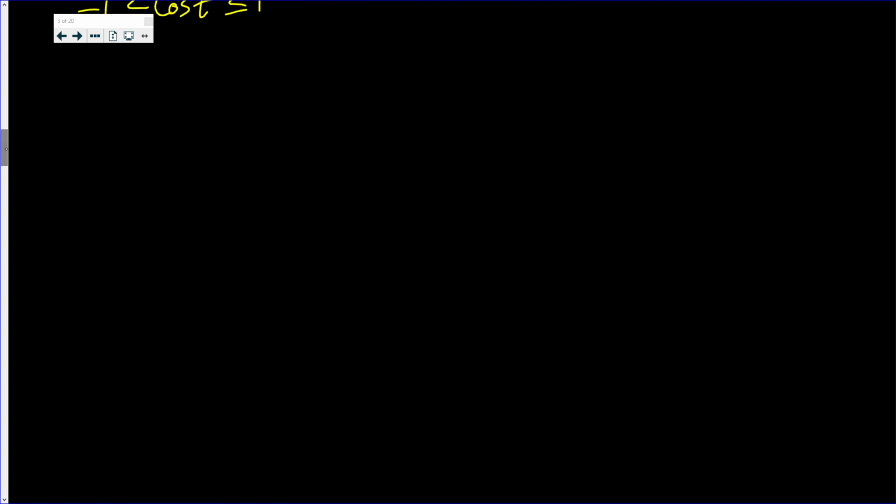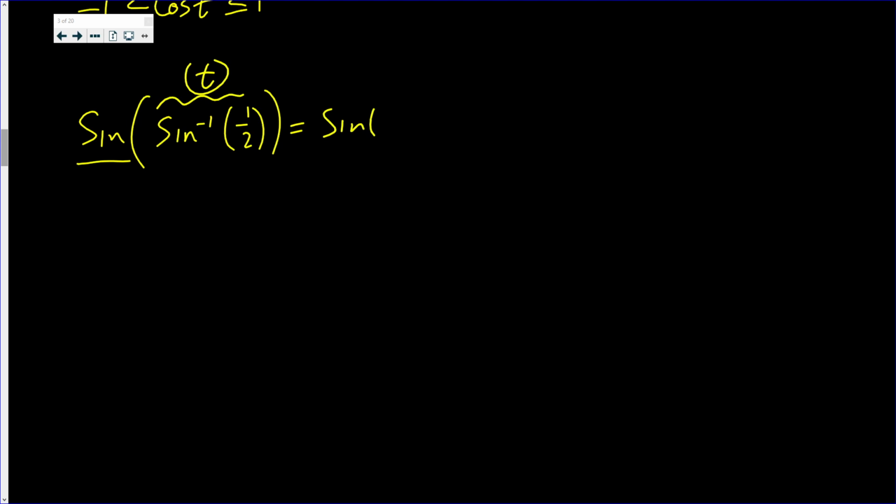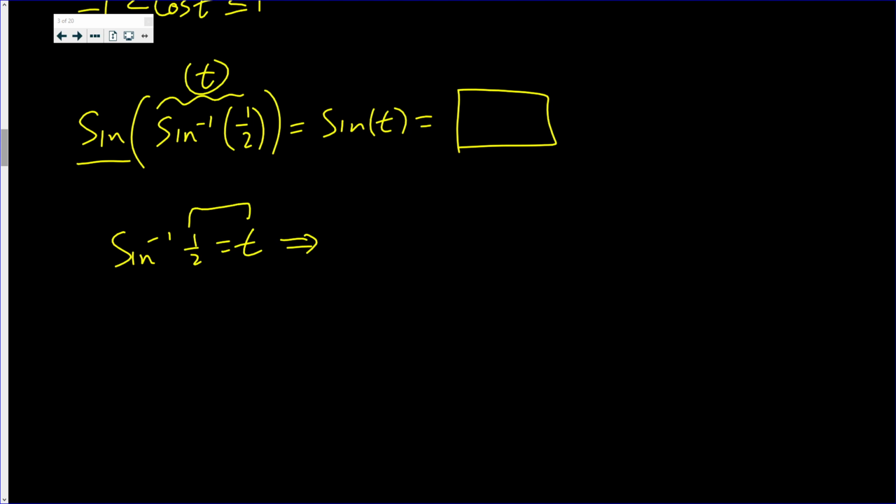Let us try a different type of problem. What is the sine inverse of 1/2? Well, this here is an angle. Let's call it t. So basically, we want to know what the sine of t equals. Well, if the sine inverse of 1/2 equals t, that implies that the sine of t equals 1/2.